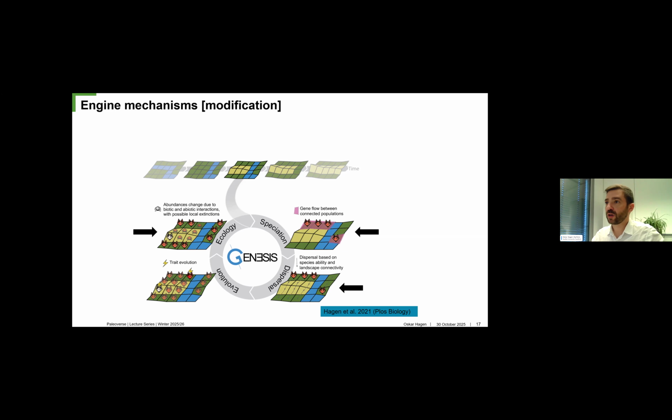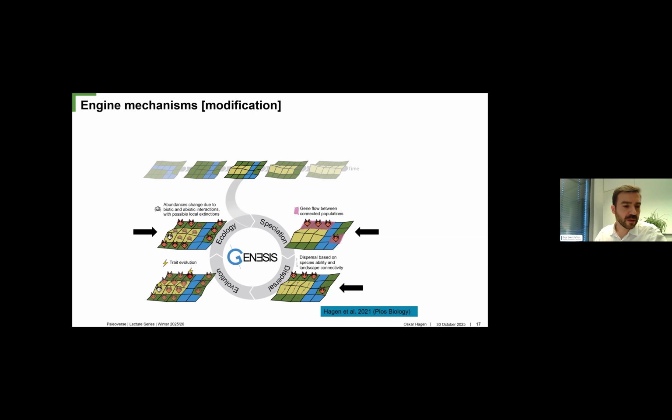So for example, we could consider a very simple neutral model, or we could consider different biotic filters or abiotic filters or species interactions. On speciation, for example, we could use environmental conditions for the simulation of divergence or any other more sophisticated processes or theories.